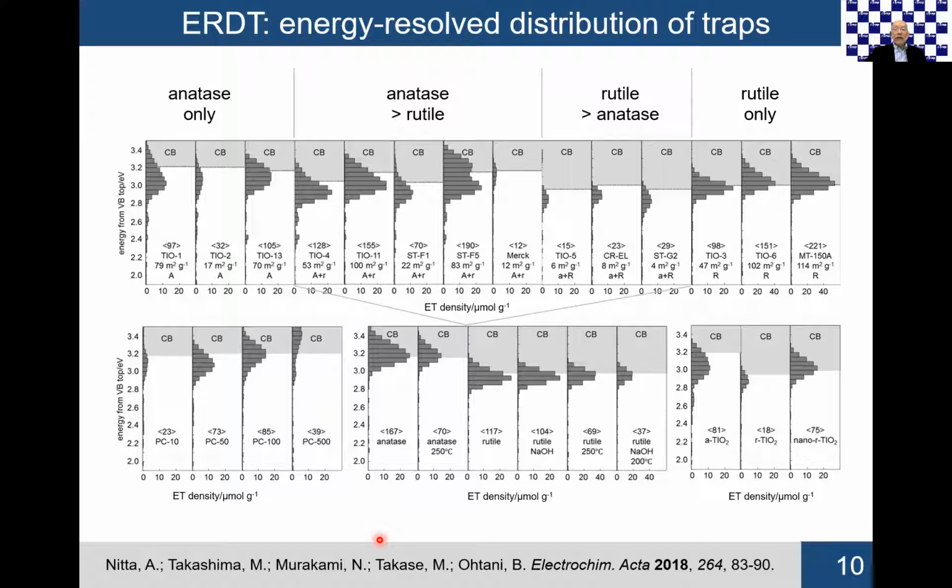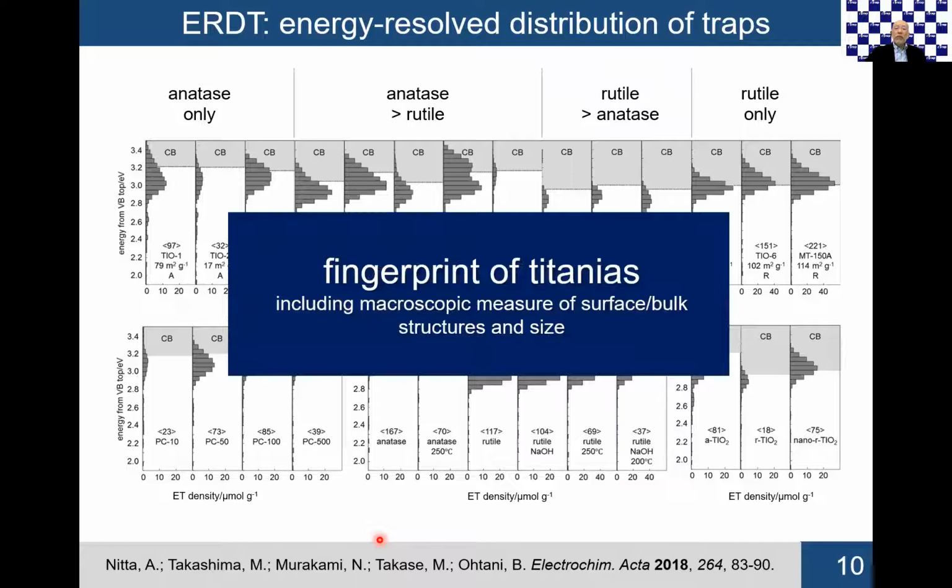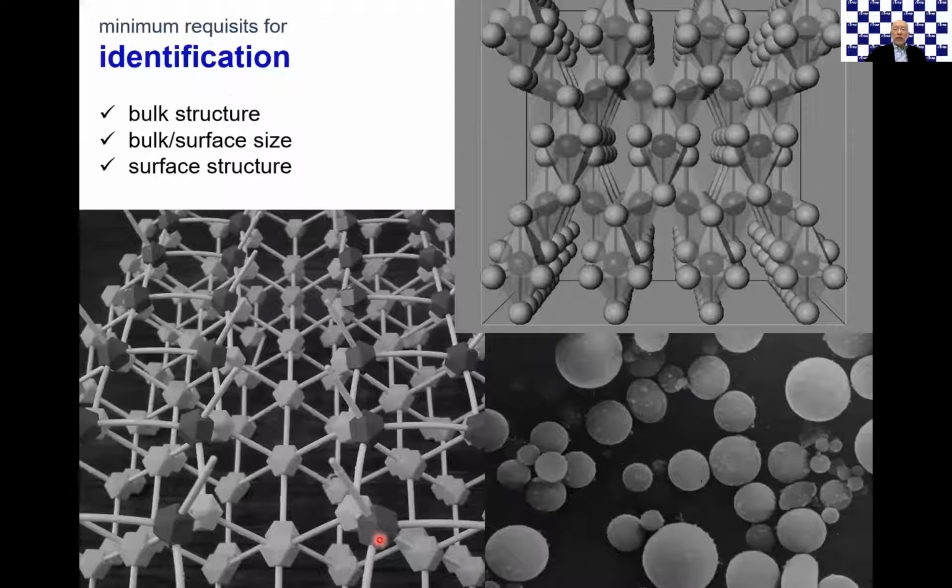As you see, the ERDT CBB patterns are completely different from each other depending on the kind of sample. So that means this can be used as a fingerprint of titanias, including macroscopic measures of surface and bulk structure, as CBB and size as total density.